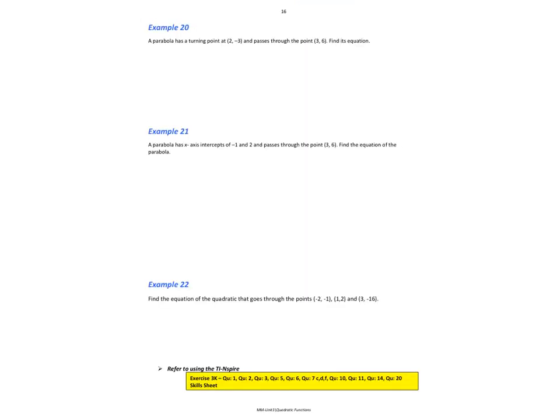Let's have a look. It has a turning point and passes through. So we know straight away we've been told it has a turning point. So the turning point form is in that form there, and it goes through the point (2, 3). So that means y is equal to some a times (x minus 2) all squared minus 3. So there's the general form of it. The other point we've got there, (3, 6), helps us determine the a factor or the dilation factor.